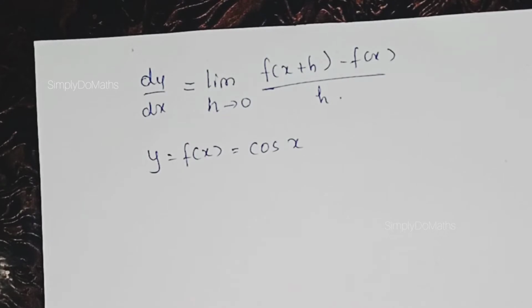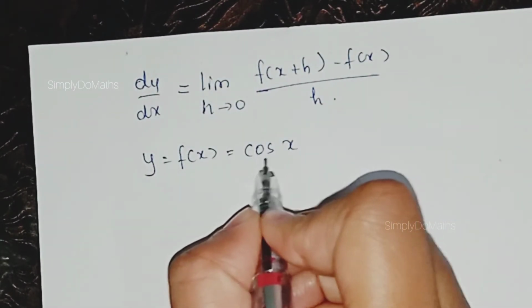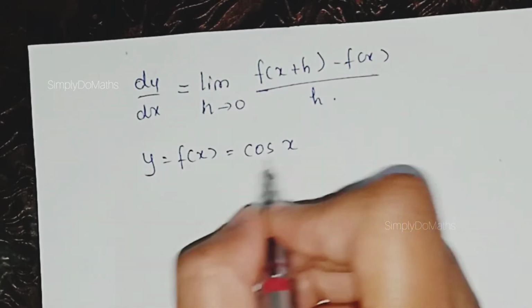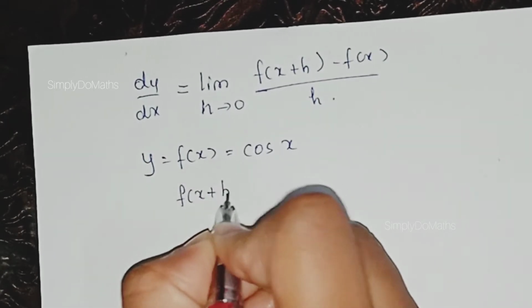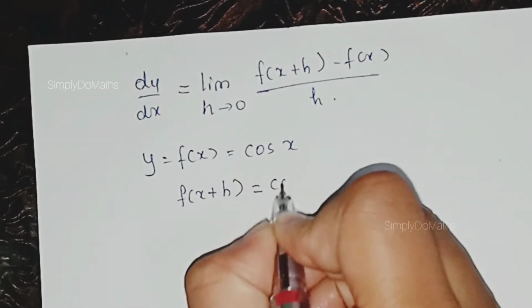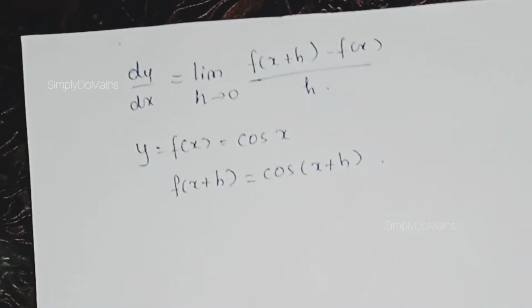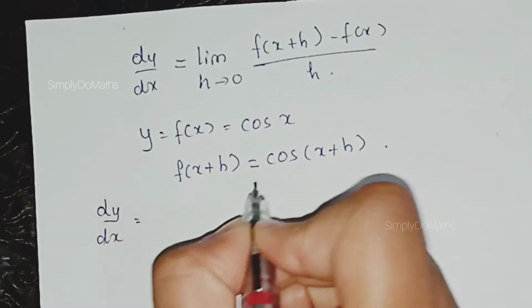We know that cos x is also a continuous function. Whenever f of x equals cos x, f of x plus h will be equal to cos of x plus h. Right. So dy by dx.